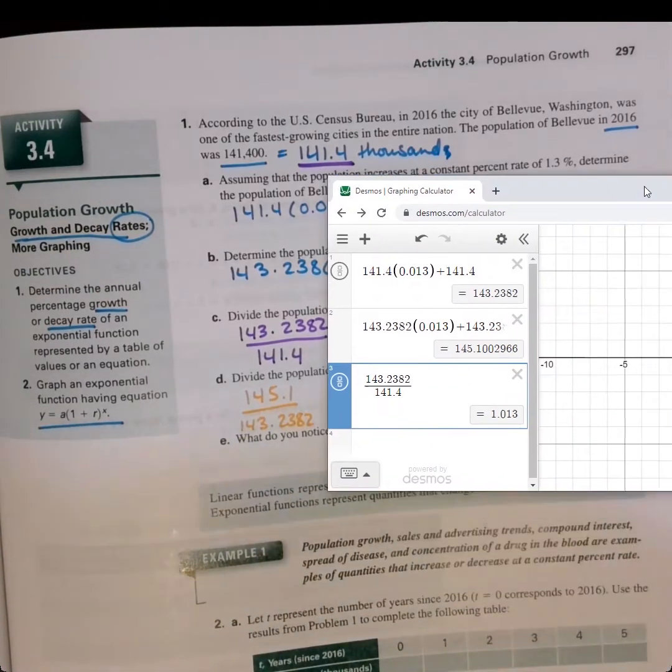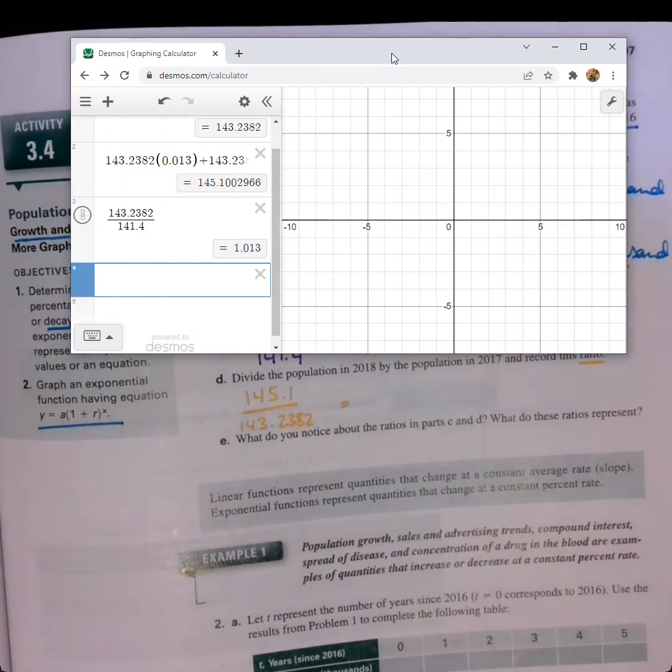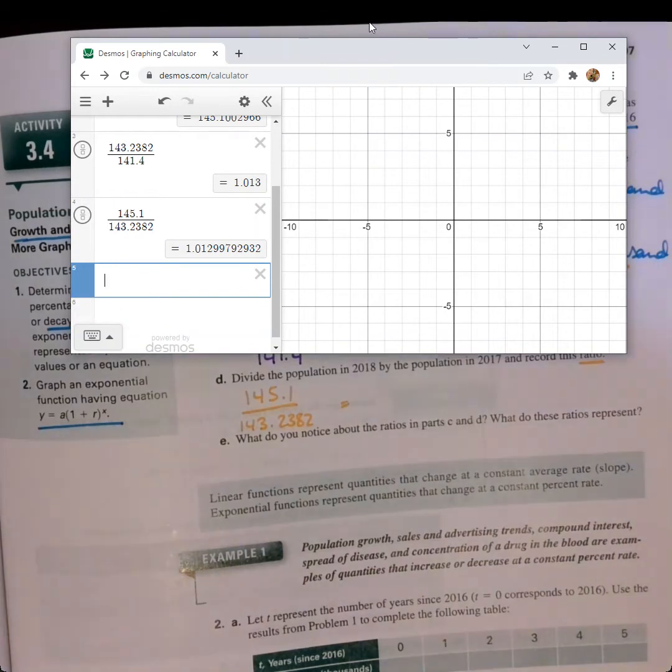And let's see what that gives us. Okay, it gives me 1.0129, which would round, but I'm going to go back and do that ratio one more time.